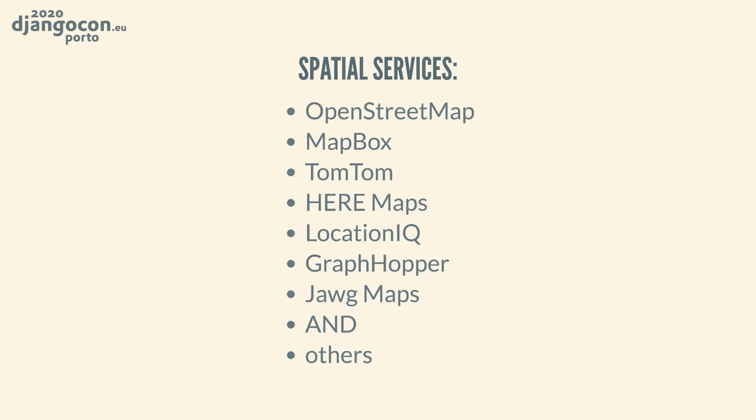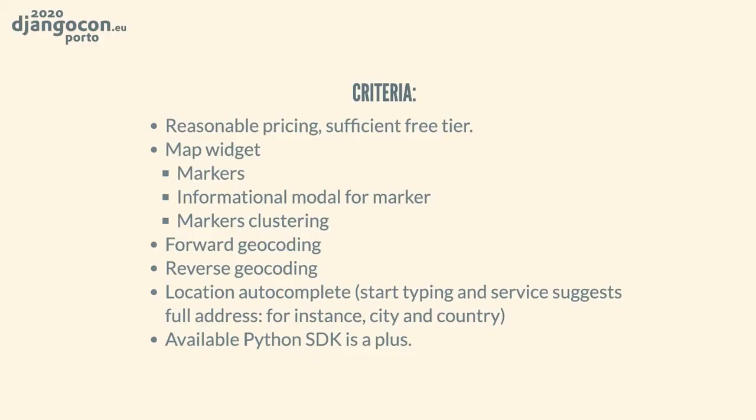Let's see what alternatives we have: OpenStreetMap, Mapbox, TomTom, HERE Maps, LocationIQ, GraphHopper, and so on. First of all, the criteria for the service were reasonable pricing and a sufficient free tier. A map widget, customizable markers, and an informational modal which could display some additional data when you click on the marker.